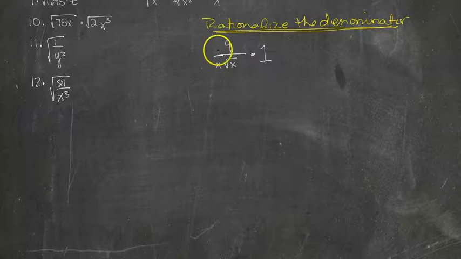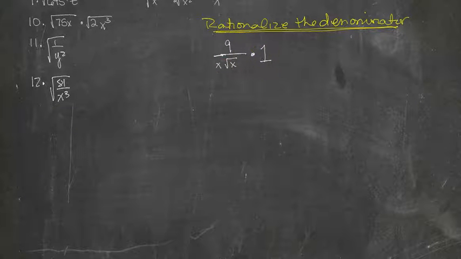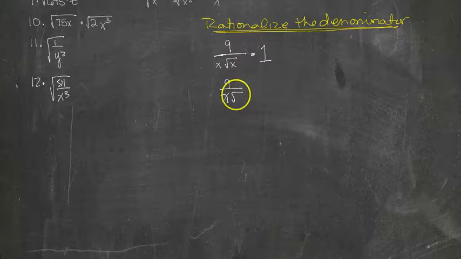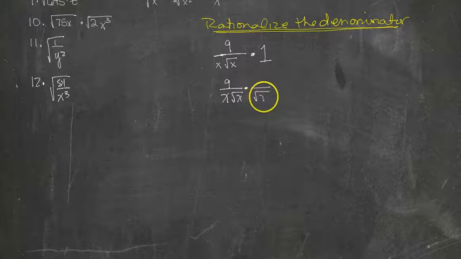Because if I multiply this number by 1, I haven't changed it in any way. But like always when we're dealing with fractions, we multiply by an expression of 1. So what we're going to use for our 1 is root x over root x, multiplying root x in the denominator times root x in the numerator.